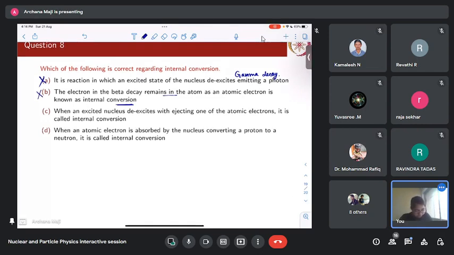What about option C? It says when an excited nucleus de-excites by ejecting one of the atomic electrons, it is called internal conversion. Well, it's correct. And option D is saying when an atomic electron is absorbed by the nucleus, converting a proton to a neutron, it is called internal conversion. We know that it is electron capture.